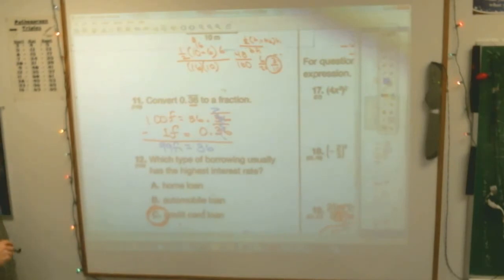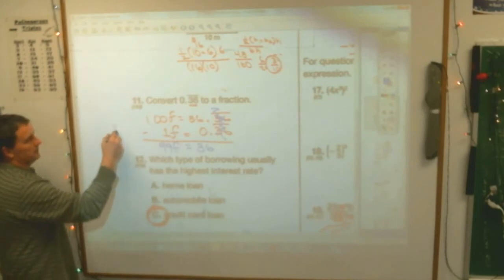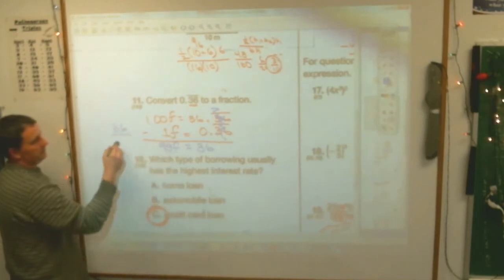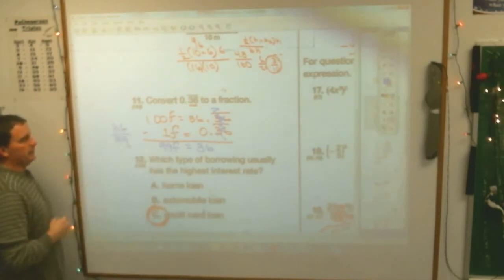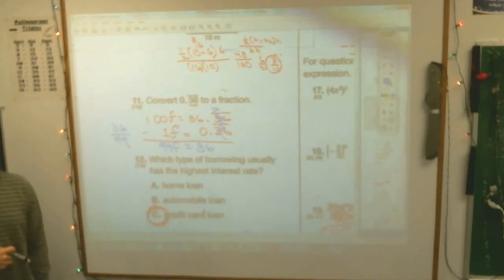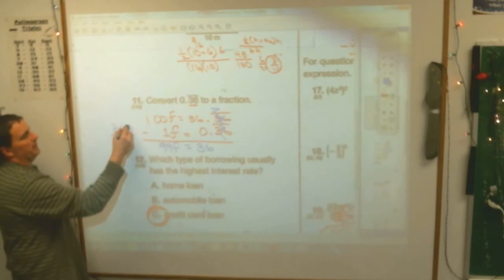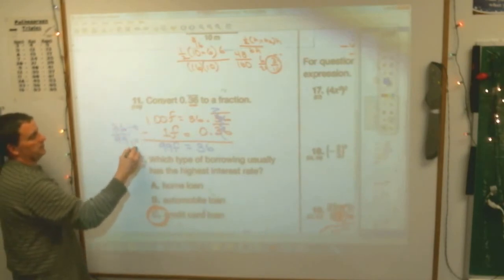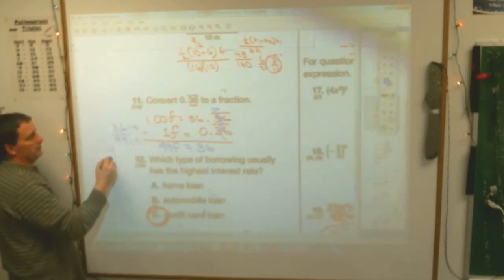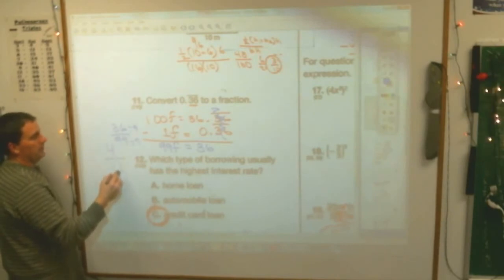My answer then is 36 divided by 99. We must reduce that, Michael, by what? Let's go 9, just to make it quicker and simpler. You end up with a 4 over 11.